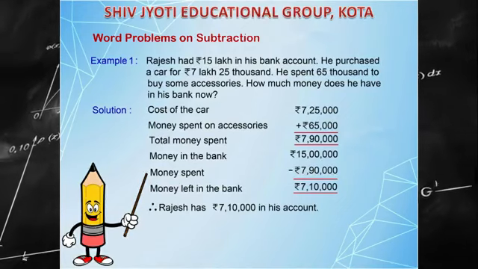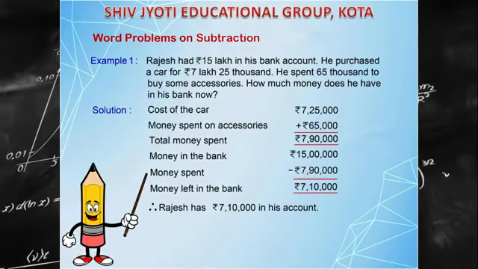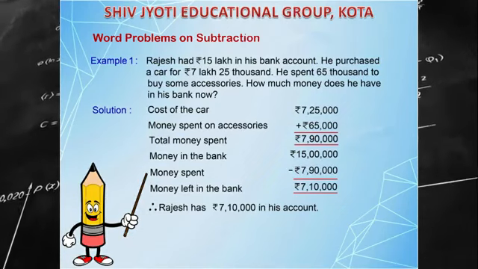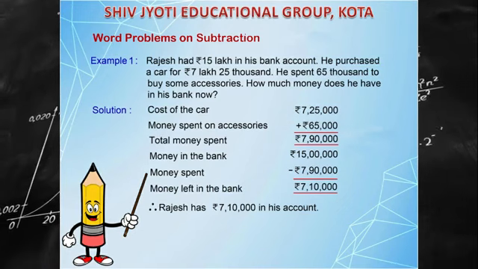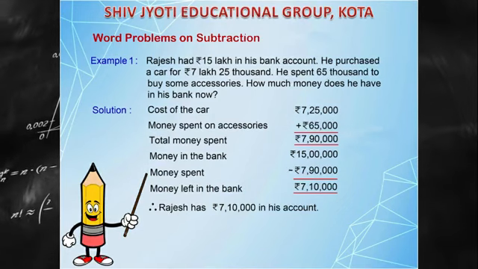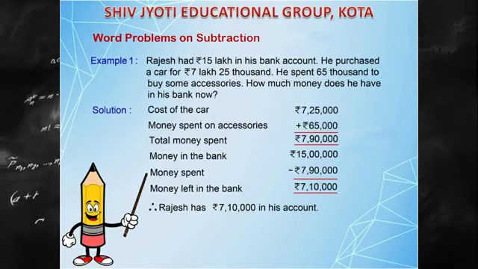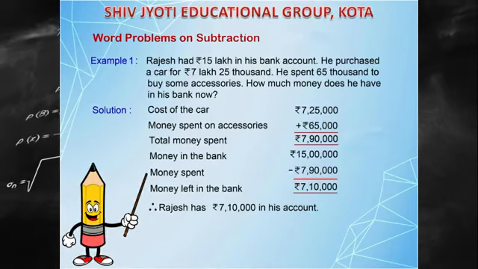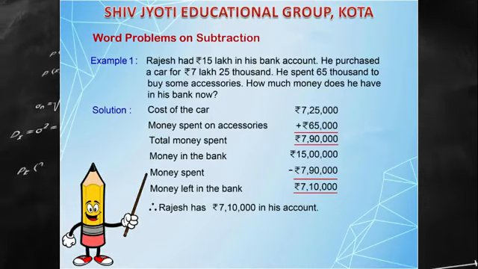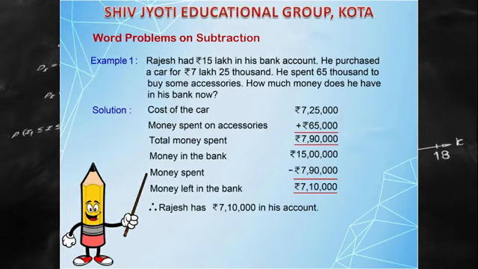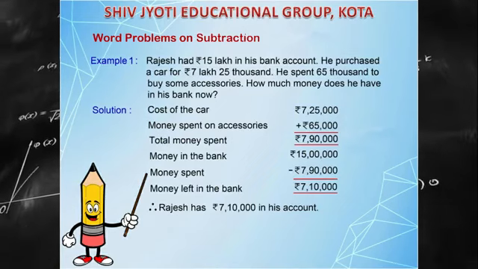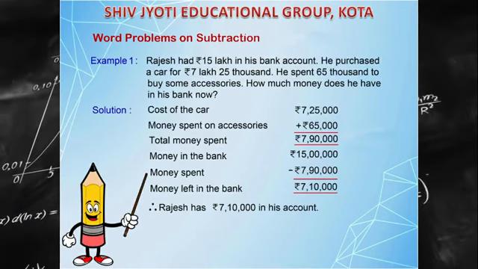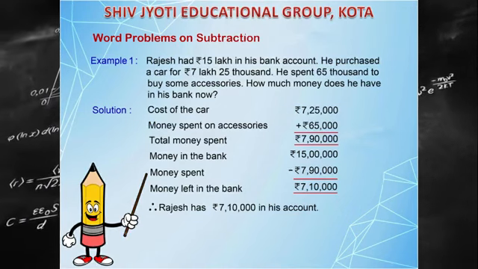So money spent rupees 7,90,000. Now we have to find how much money is left in Rajesh's account. So money left in the bank equals to rupees 15 lakh minus rupees 7,90,000 equals to rupees 7,10,000. Hence, Rajesh has rupees 7,10,000 in his account.